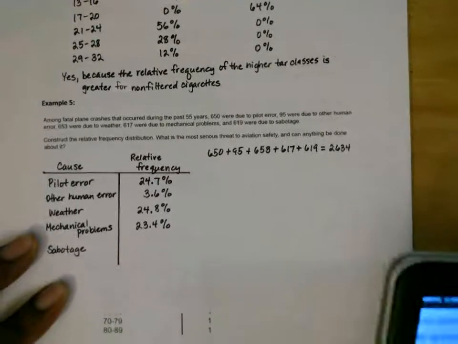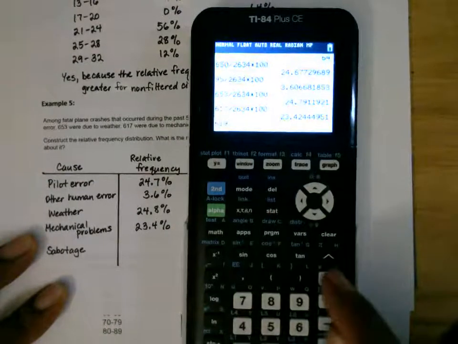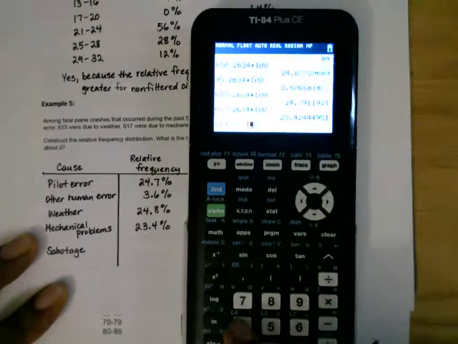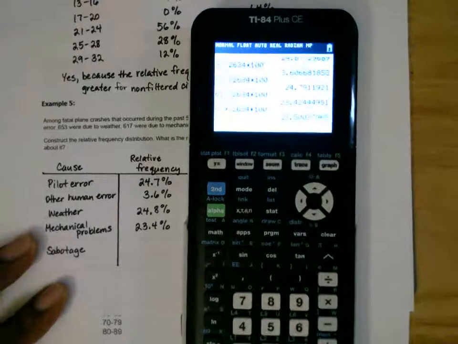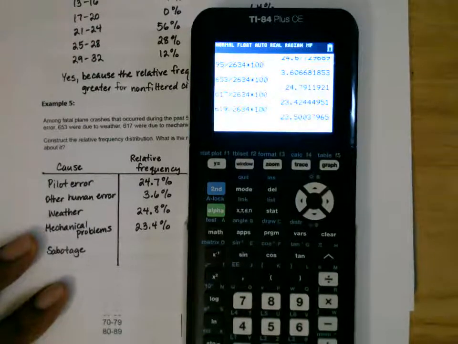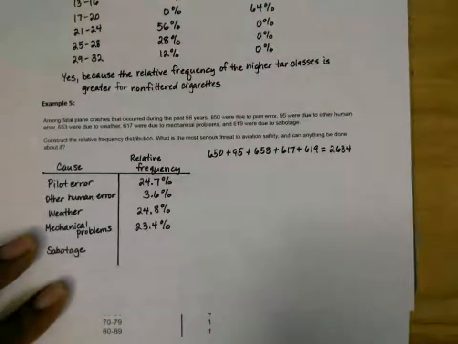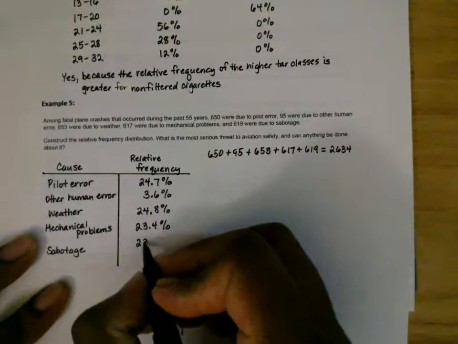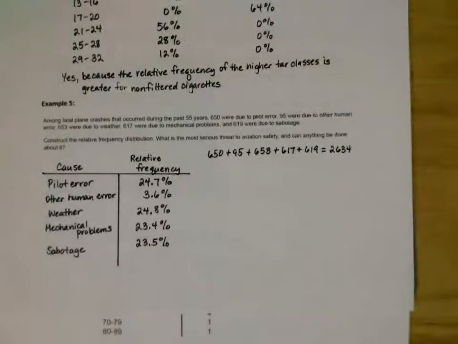And finally, for sabotage, there were 619 crashes that were due to sabotage. So 619 divided by 2634 times 100 to one decimal place, that's approximately 23.5%. Okay, so that's my relative frequency table.